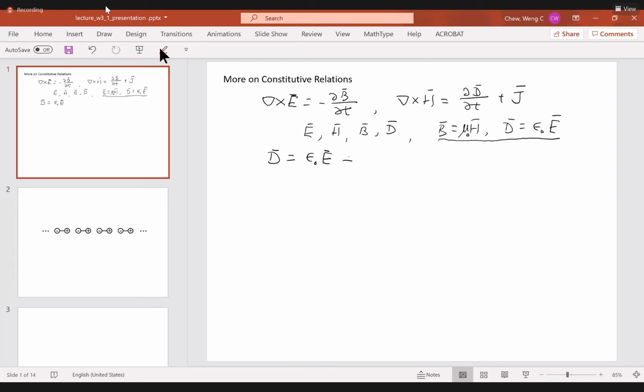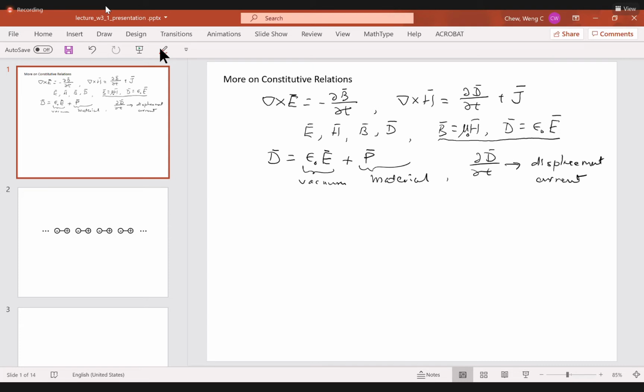This is the vacuum contribution. This is the material's contribution. This D is very important because partial D, partial t gives rise to displacement current, and hence D is extremely important.